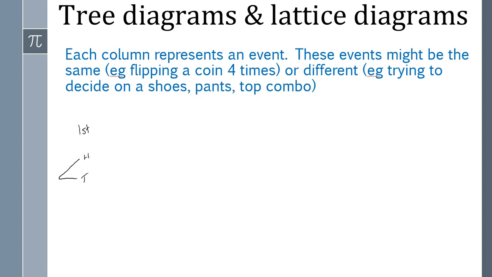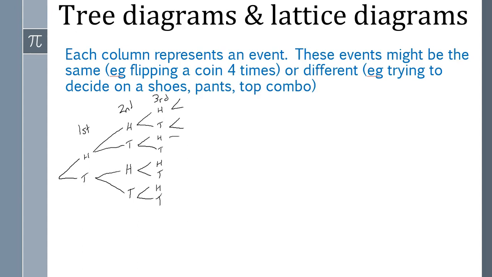So this is the first toss, that's the second toss, third toss, and fourth toss. This is one of those units where the neater you are, the easier it's going to be, but be really careful that those columns line up. If they don't line up quite that neatly, you're going to have some issues.